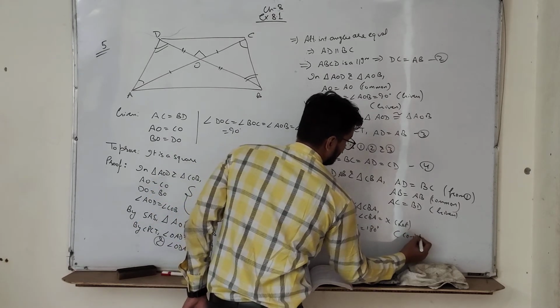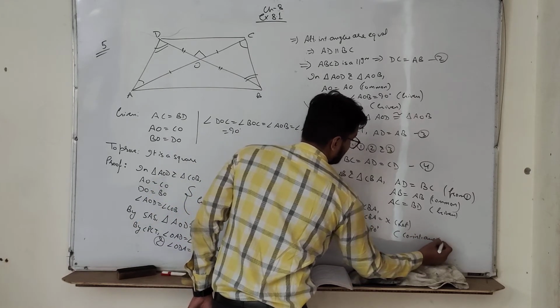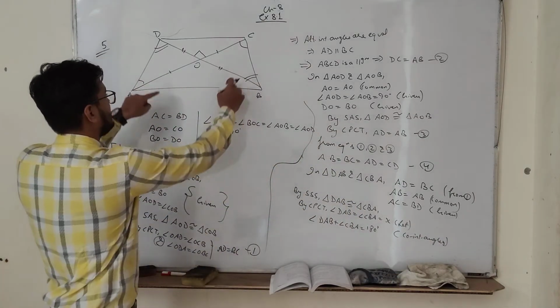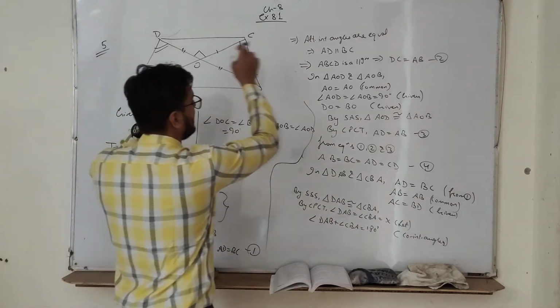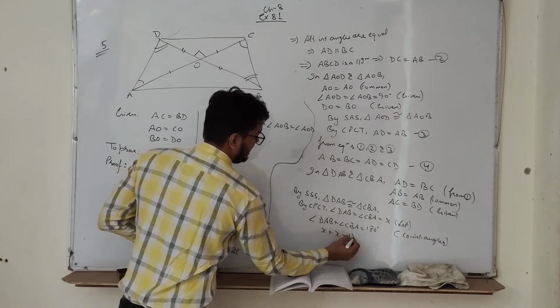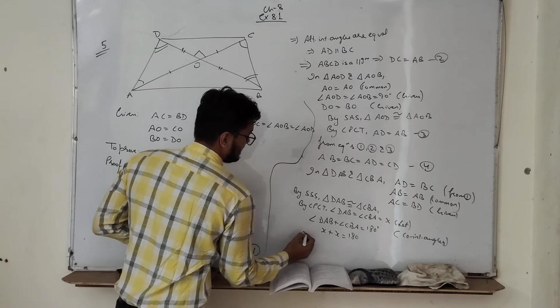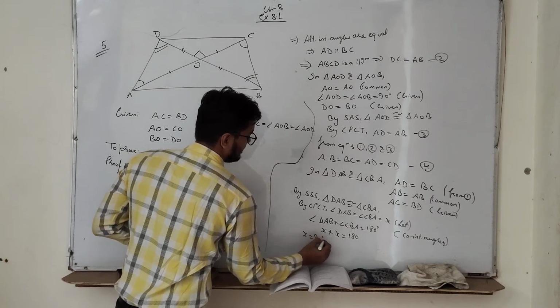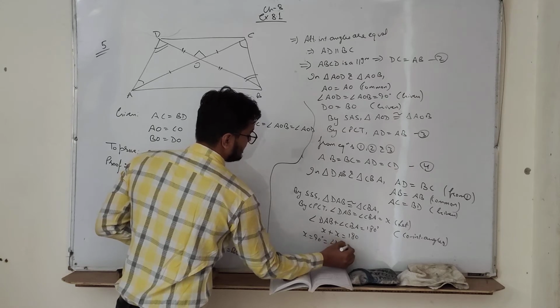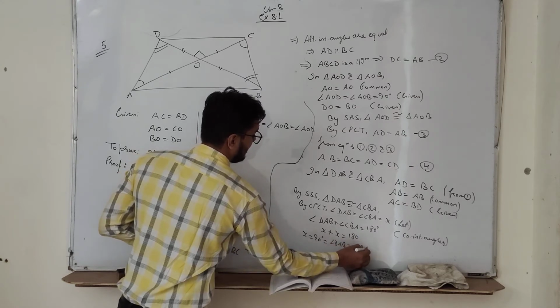Co-interior angles. In case of co-interior angles, the sum of two angles is equal to 180. These two are co-interior angles because it is a parallelogram. So X plus X is equal to 180. So from here we can say X is equal to 90 degree.